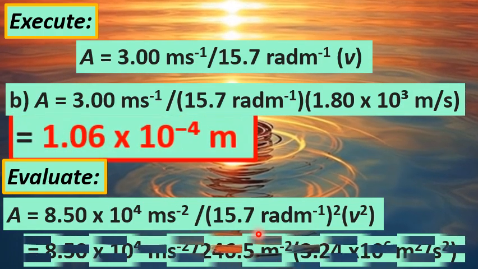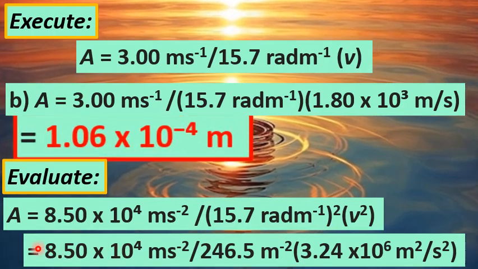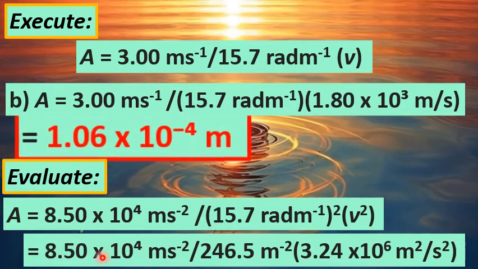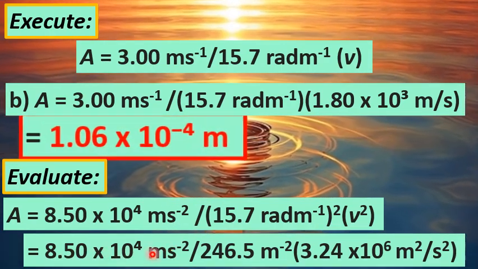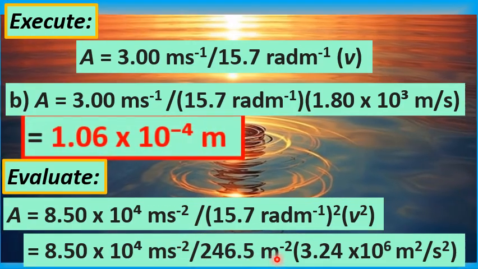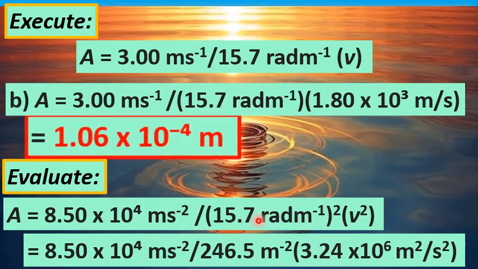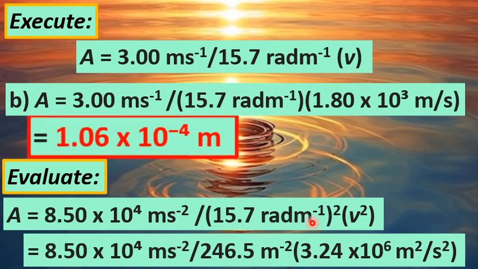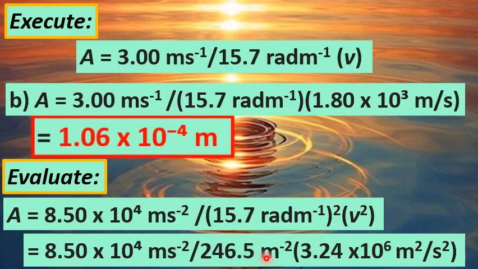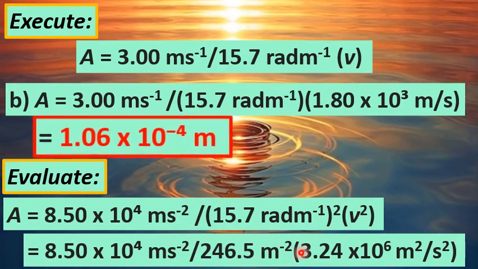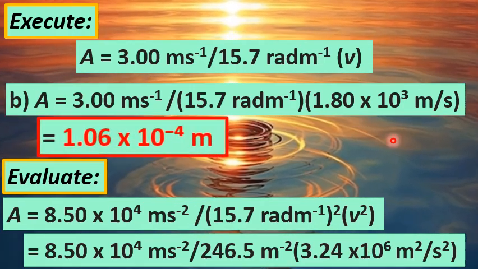That is, this is the value of a sub y, or the transverse acceleration, and that will be divided by the square of 15.7 radians per meter, which is in fact 246.5 meters per meter squared, and also the square of the computed speed of the wave propagation.